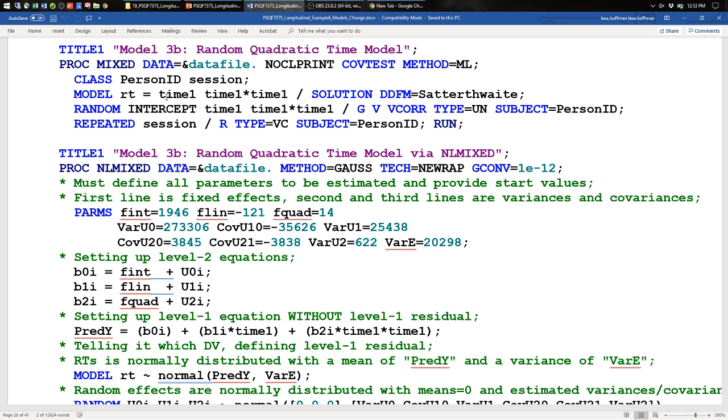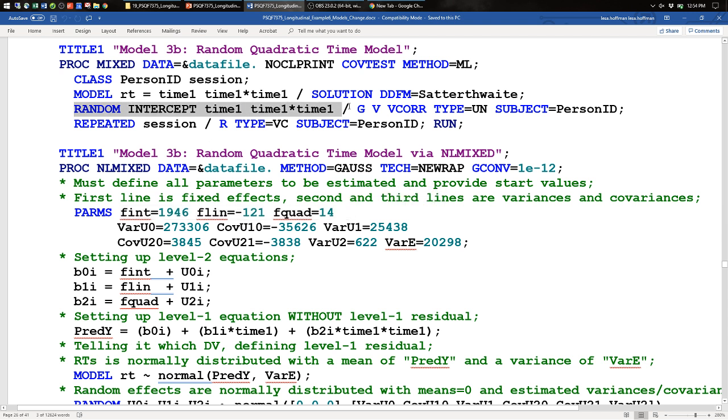Say it loudly. You're right, it's 3. What are they? Fixed intercept, fixed time, for linear, and slope for the quadratic. Yep, and so here they are. In the mixed code, you don't have to list this fixed intercept, it's there by default, but you can't forget it. So those are my fixed effects.